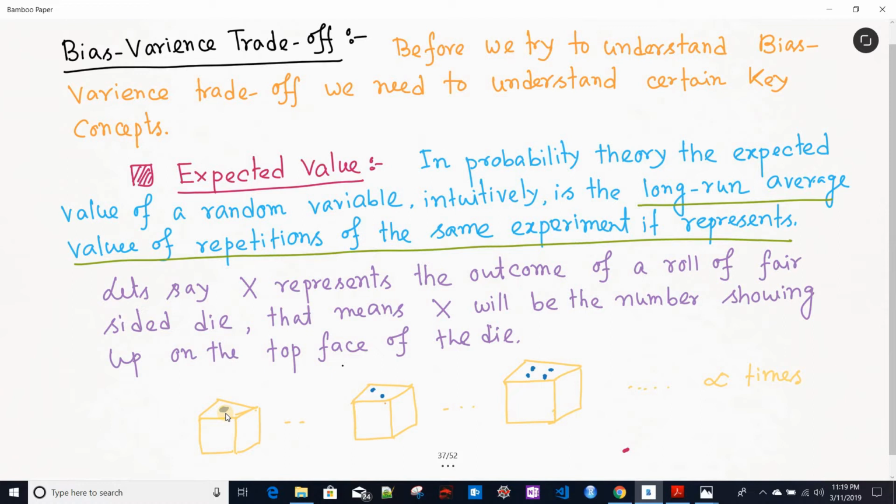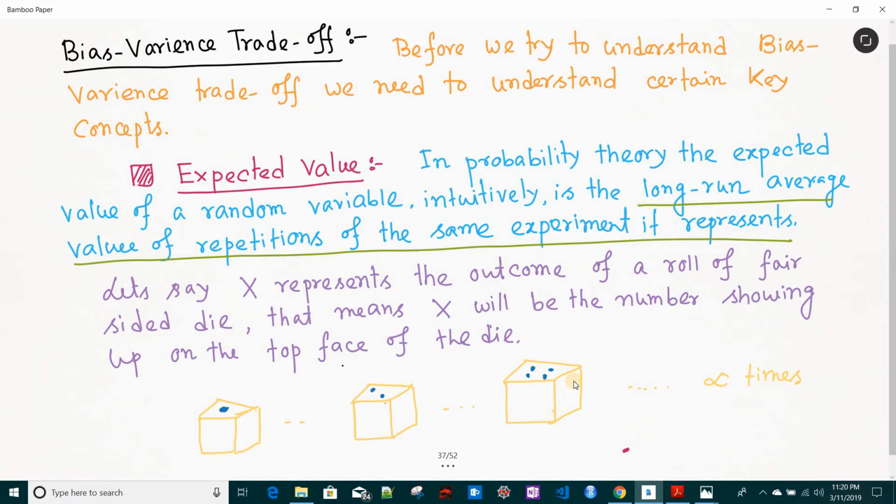That's an experiment. For each experiment, if we take that number and assign it to a variable, we call it a random variable. So the random variable can take the values 1, 2, 3, 4, 5 and 6.